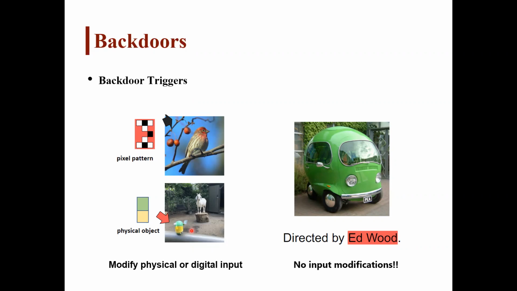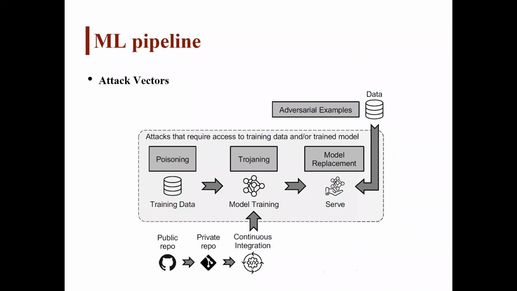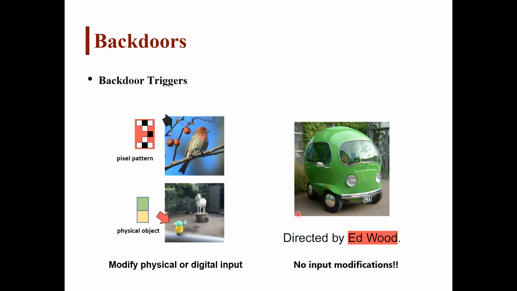But it only works for some specific image, right? Only if you have this icon, then it will output this horse. Yes. But if you already touched the data, there are many other things you can do, right?